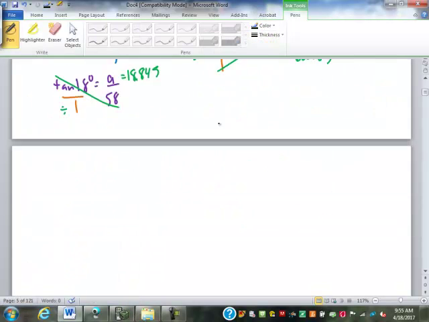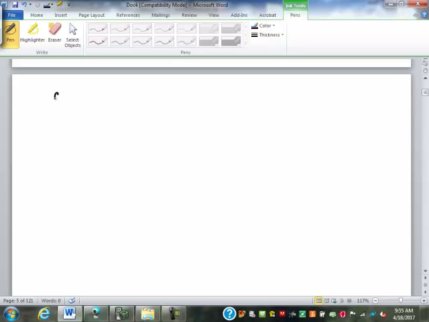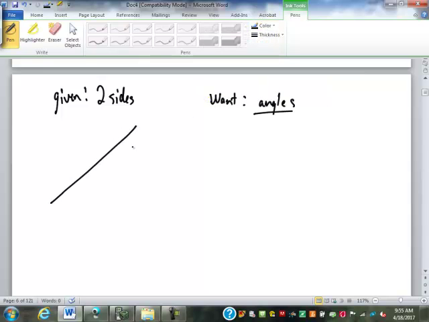So now, what if I am given two sides, and I want to find the angles? So I might be given 18 inches and 32 inches.